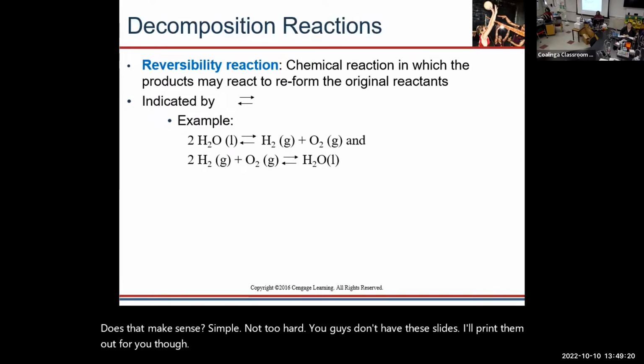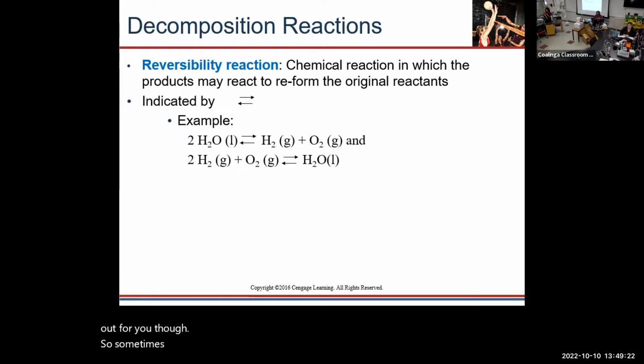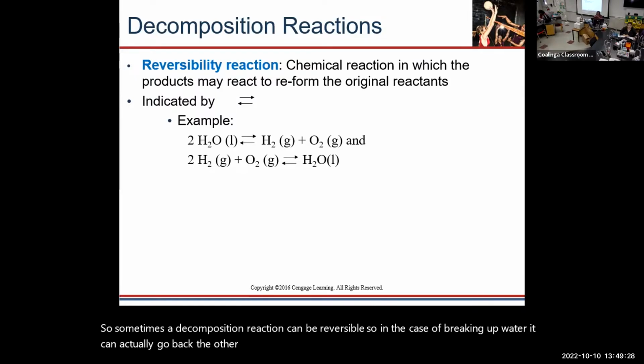So sometimes a decomposition reaction can be reversible. So in the case of breaking up water, it can actually go back. Now, if it's a reversible reaction, that means that we use an arrow going in both directions.